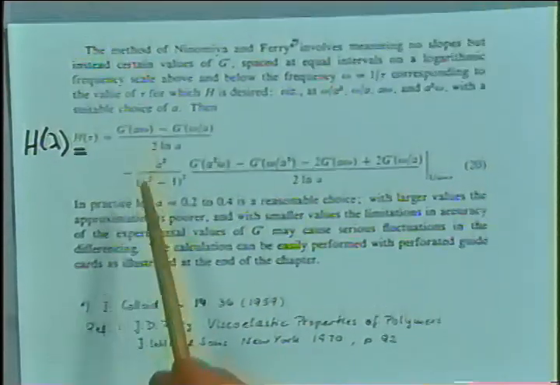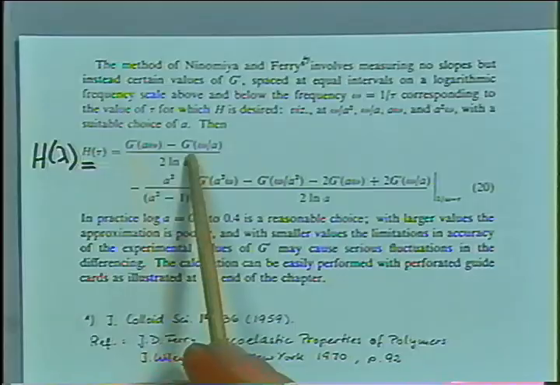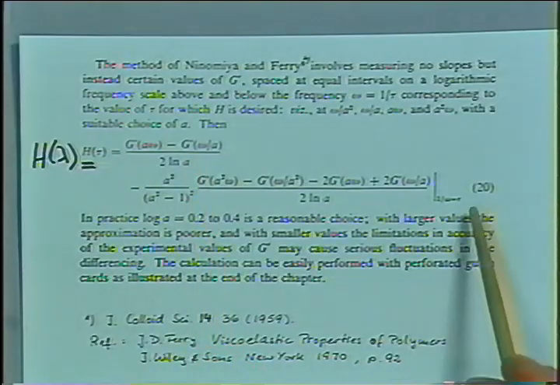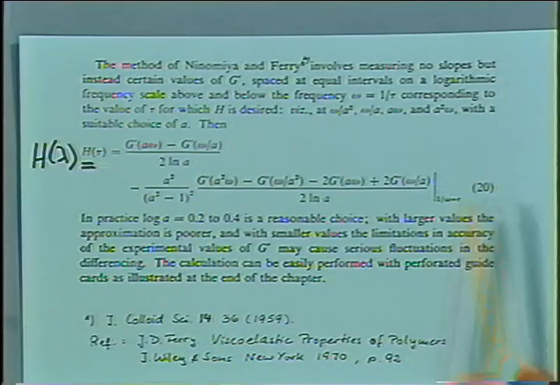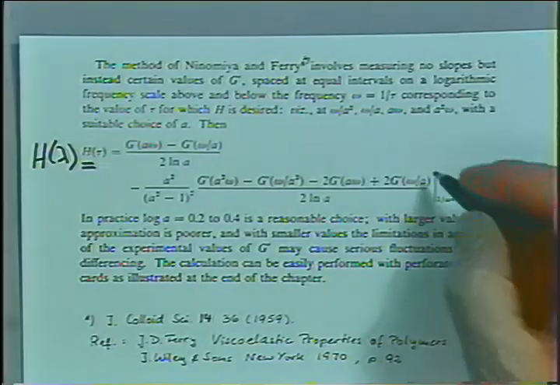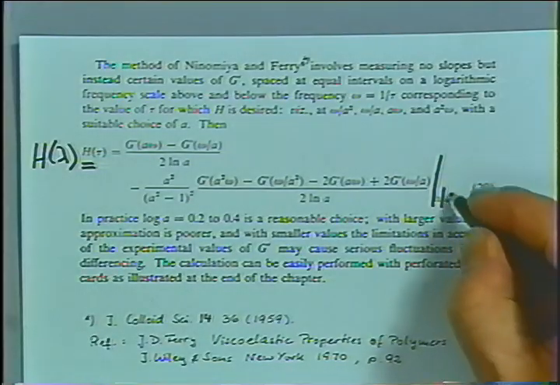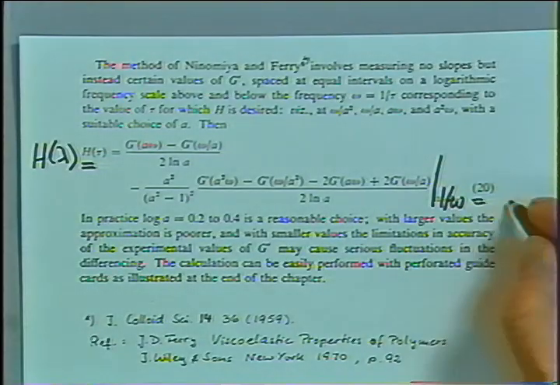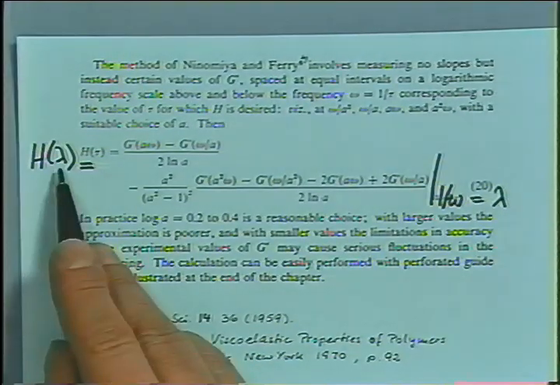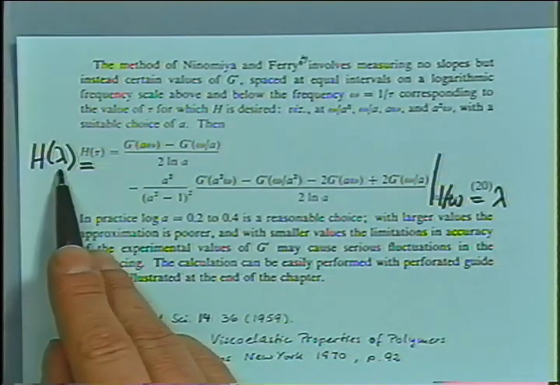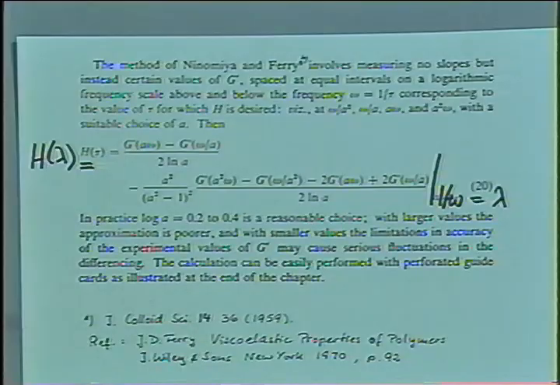And then he uses just G prime and G double prime evaluated at certain values of lambda. Those are evaluated at 1 over omega being equal to lambda. This way you can pick certain lambda values and determine h of lambda as a continuous function.